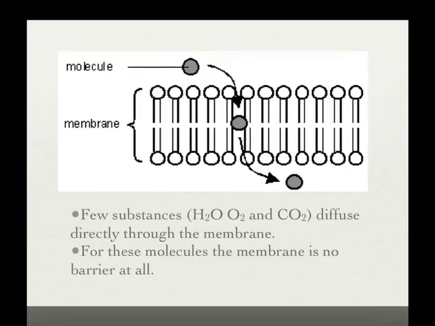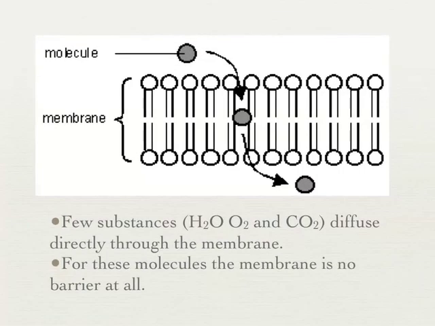If we look at sort of another view of it, this is the cell membrane. This is the two layers. Some substances that are very small can just sort of go through the cell membrane like it's not even there. The cell membrane is permeable to things like water, oxygen, carbon dioxide. Those are generally small molecules that just slide through the cell membrane and can go from the outside to the inside very easily, or the other way around.